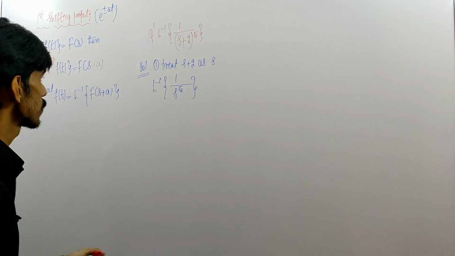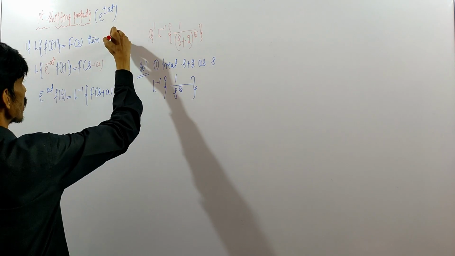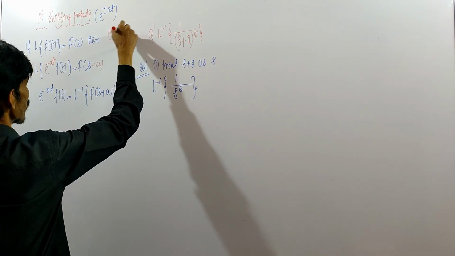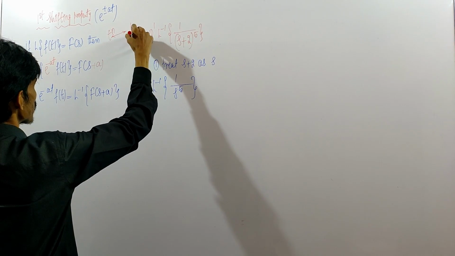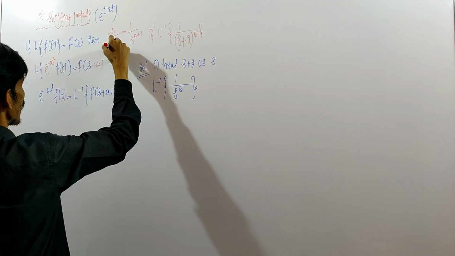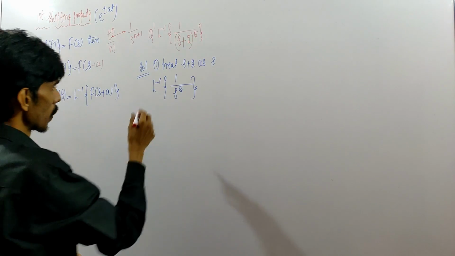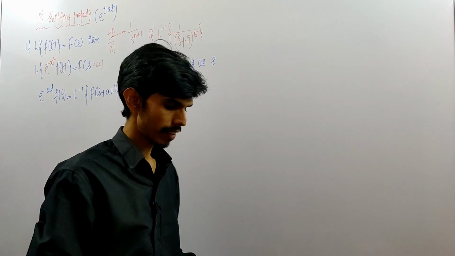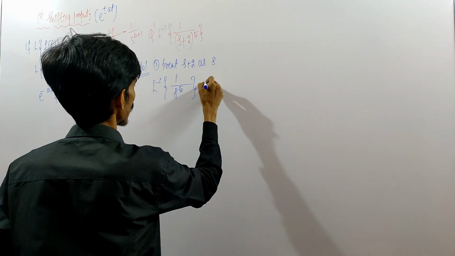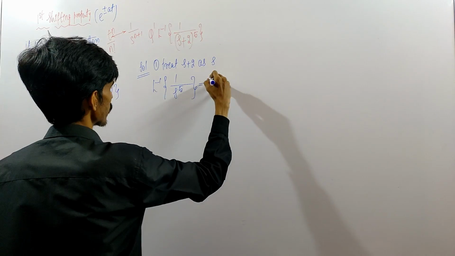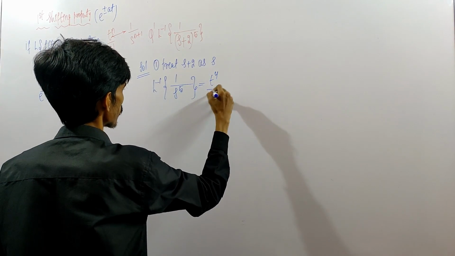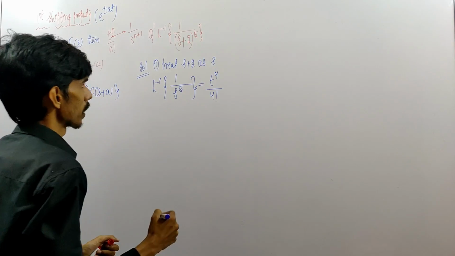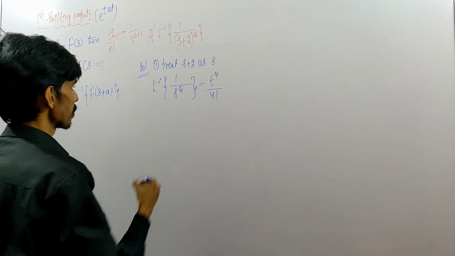By using this formula of transformation, t power of n transforms to n factorial divided by s power of n plus 1. So L inverse of 1 by s power of 5 will be, here we have 5, so take less value by 1, so we will get t power of 4 by 4 factorial.